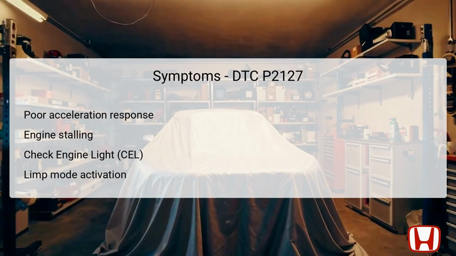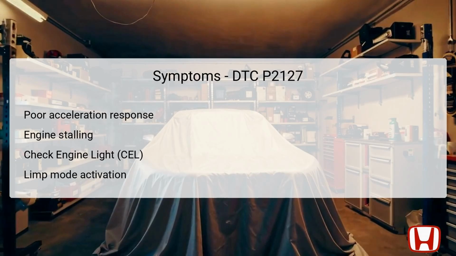When DTC P2127 is present, several symptoms may manifest, impacting vehicle performance significantly. One prevalent symptom is poor acceleration response, where the vehicle may not respond adequately when the accelerator pedal is pressed. Drivers may also experience unexpected engine stalling, especially during low-speed maneuvers or while idling.